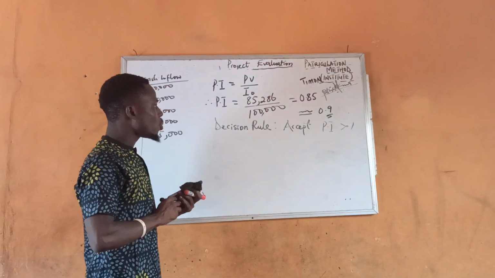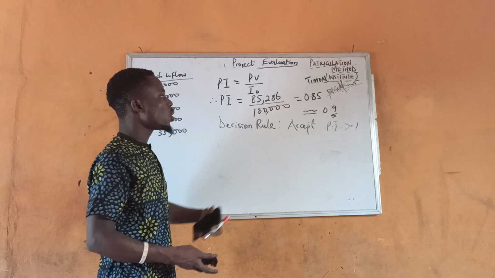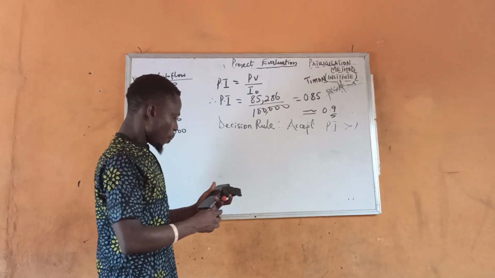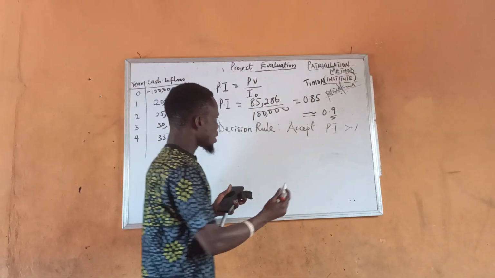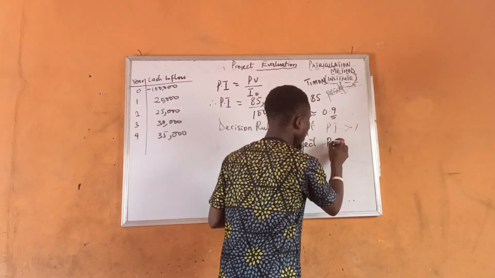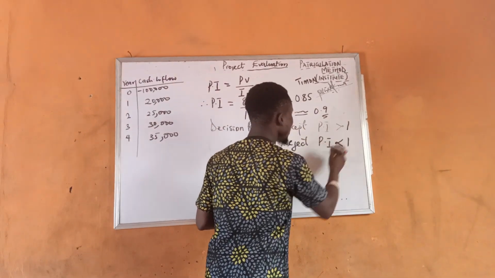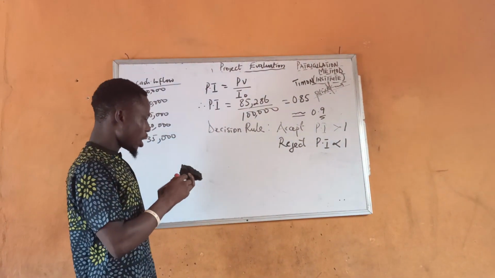So from here now, we make a decision and decide what to do on that particular project. So since it says we should reject when PI is less than 1 and accept when it's greater than 1.